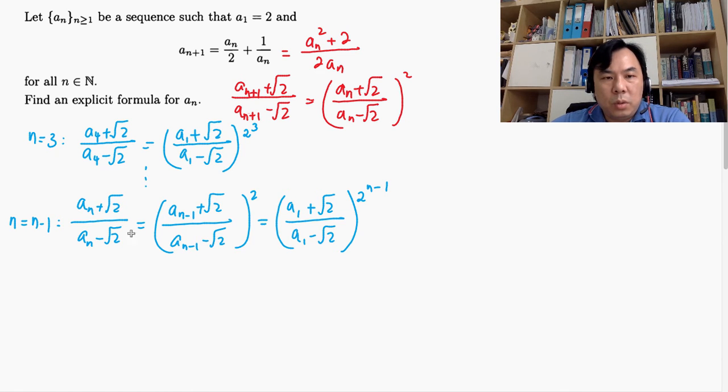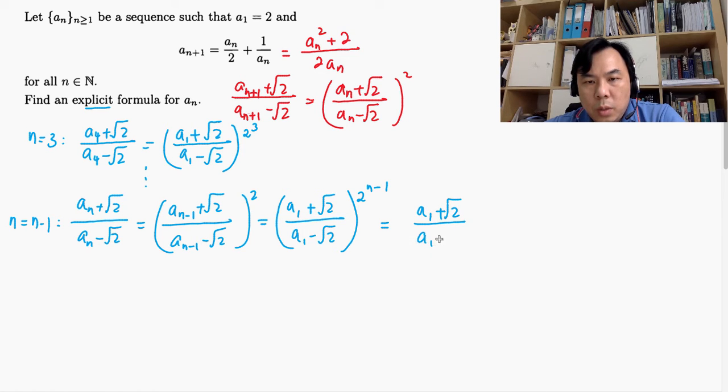Now, why is this important? Now you will see that here, before we do anything, because our intention is still trying to get the explicit formula for an here. All right, so let's look at how to do that. Now this can be written as a1 plus square root of 2, a1 minus square root of 2.